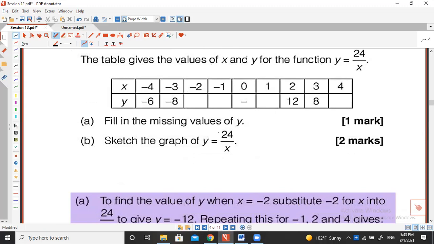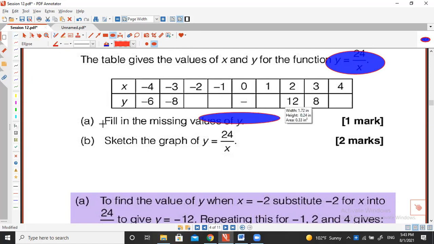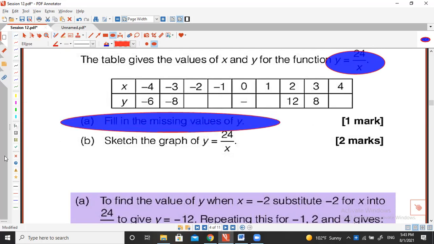The table gives the values of x and y for the function y equals 24 over x. Okay, so we have a function here, y equals 24 over x. So the first question: fill in the missing values of y.